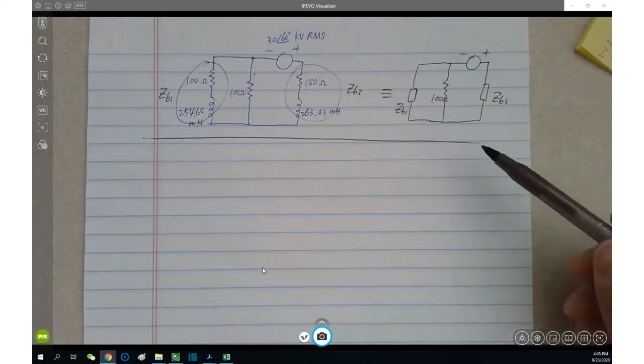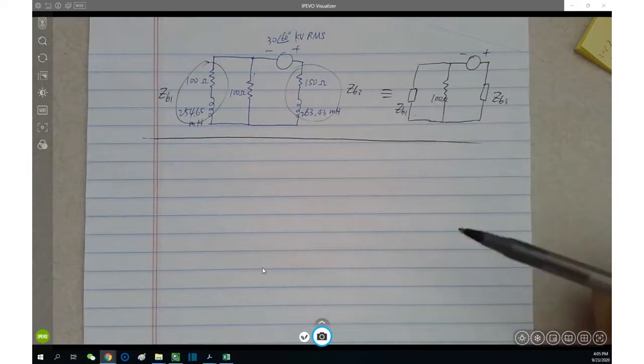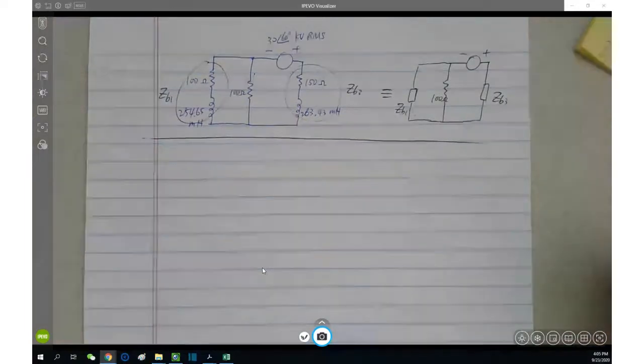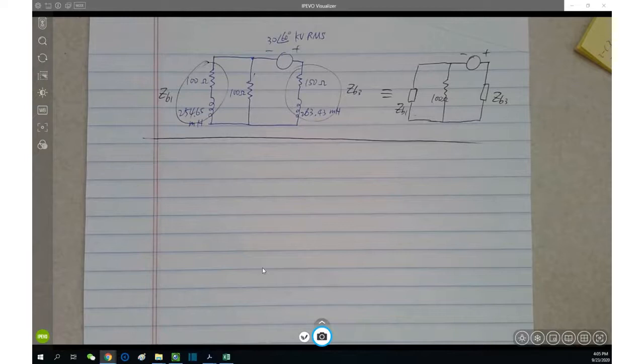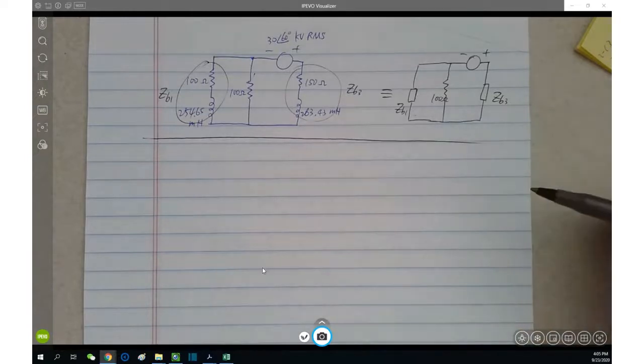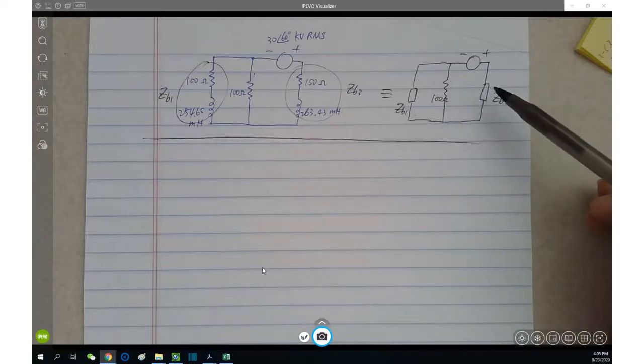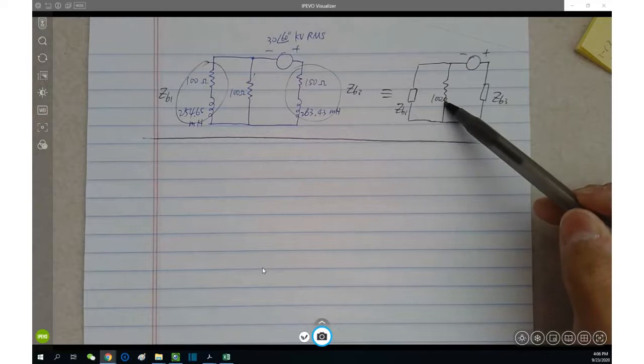The point is how these 3 impedances are connected together. That's the key. You need to correctly identify the circuit before anything else, otherwise nothing is going to be right. Does it make sense? In this circuit, as long as you calm down, you can tell the connection: ZB1 in parallel with 100, and then series connected with ZB3.